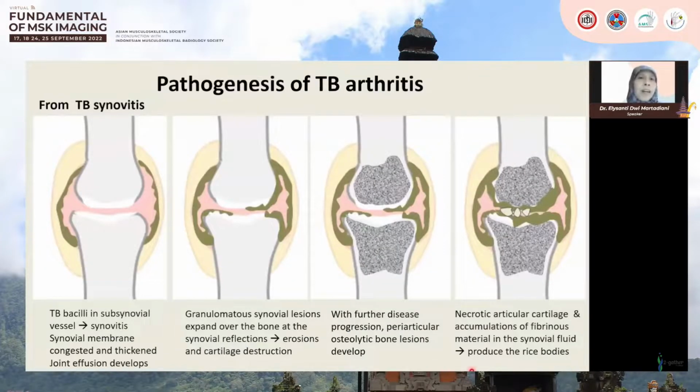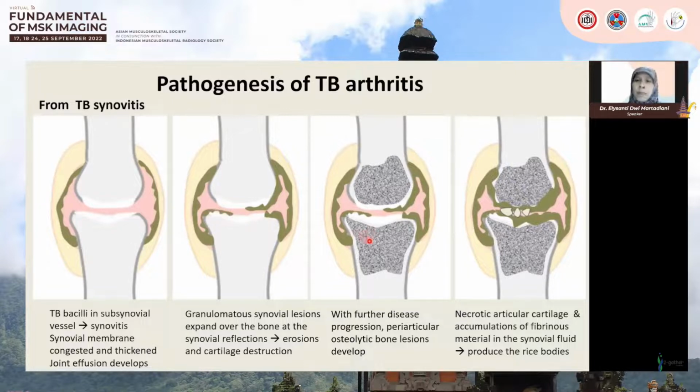The other path of pathogenesis of tuberculous arthritis is from tuberculous synovitis. Tubercle bacilli in the subsynovial vessels will cause synovitis. In this condition, the synovial membrane will be congested and thickened, and joint effusion can develop. Granulomatous lesions then expand over the bones at the synovial reflection, causing erosion and also cartilage destruction.